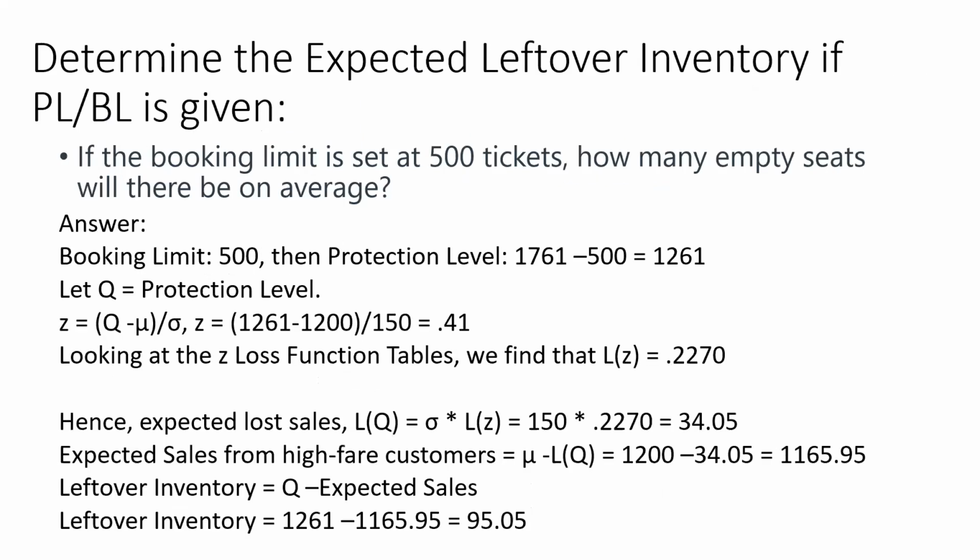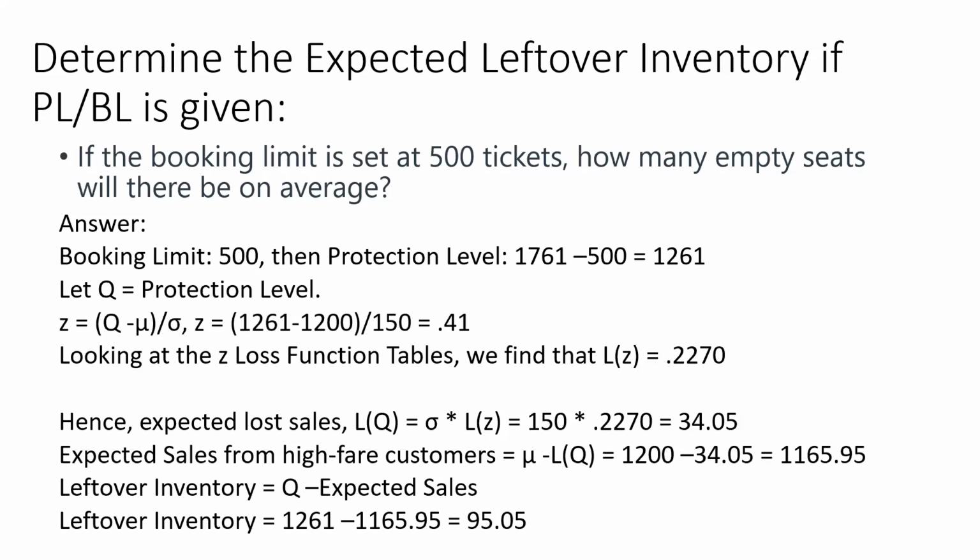Okay. Next one, determine the expected leftover inventory when the protection level and booking limit are given. If the booking limit is set at 500 tickets, how many empty seats will there be on average? Still, let Q be the protection level. Your booking limit is 500.